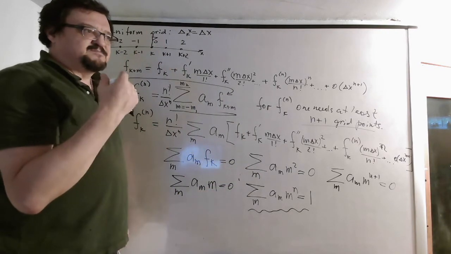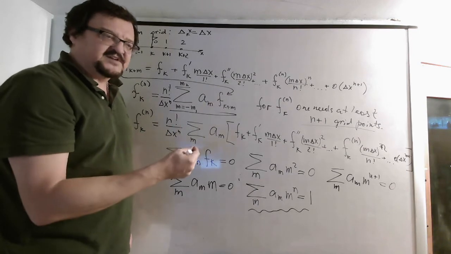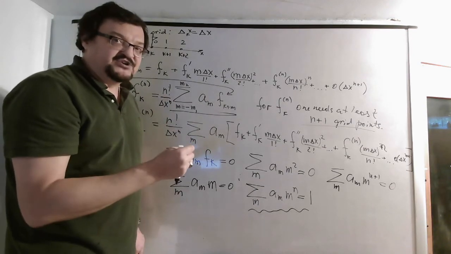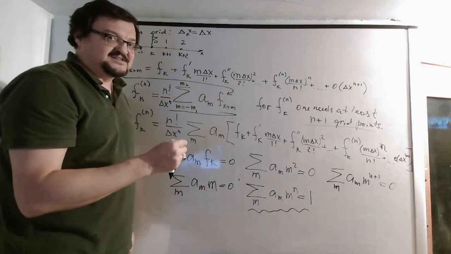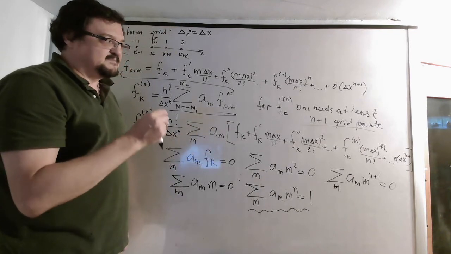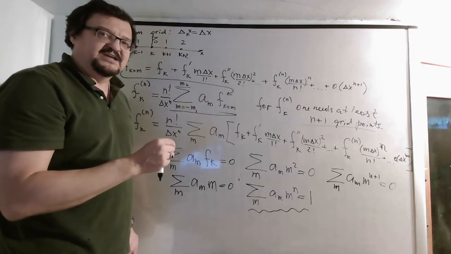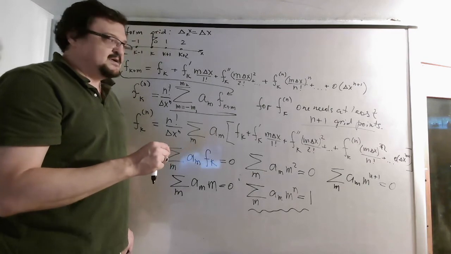So if you want a fourth derivative for hyperviscosity, you need at least 5 grid points to represent it on a grid. Not 3, you cannot do it with 3, only 5. Minimum.